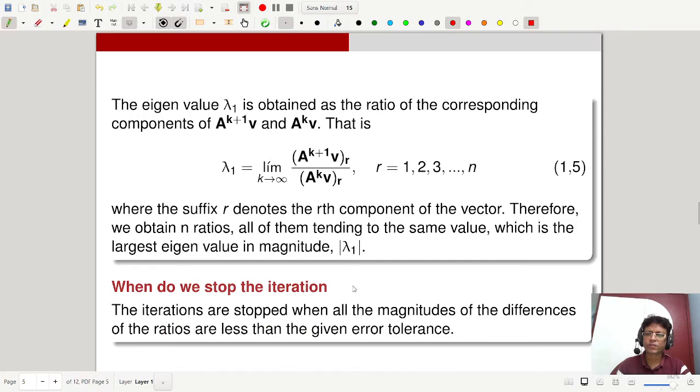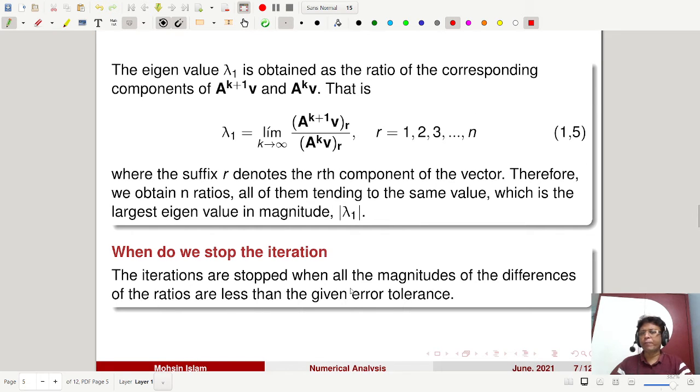Next, the eigenvalue lambda 1 is obtained as the ratio of the corresponding components of the vectors A^(k+1) v and A^k v. That is, lambda 1 equals the limit as k tends to infinity of this ratio, (A^(k+1) v) suffix r over (A^k v) suffix r, for r equal to 1 to n. So you will get the eigenvalue by this ratio.